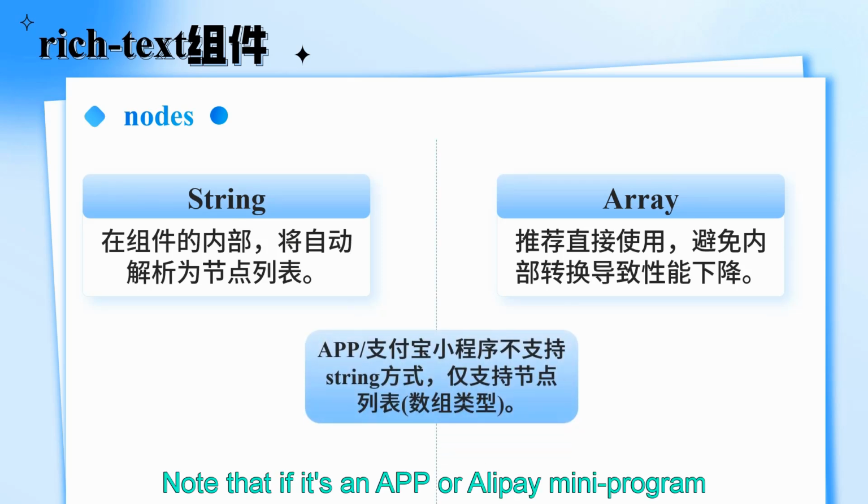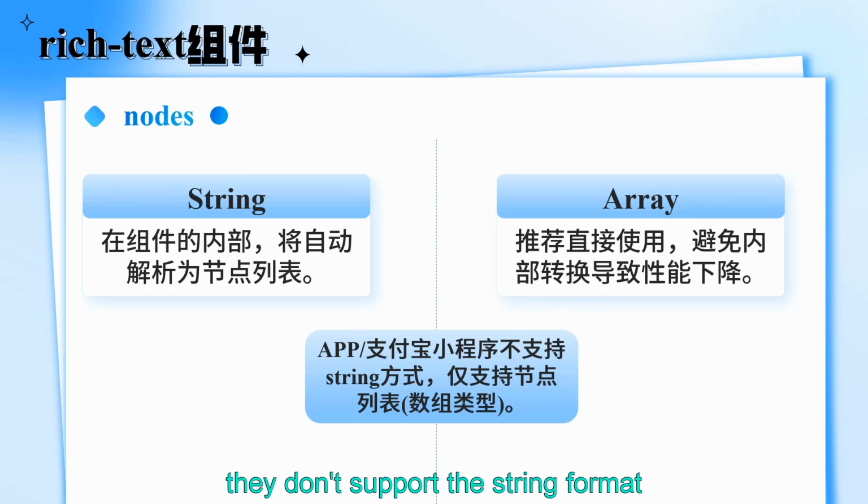Note that if it's an app or Alipay mini program, they don't support the string format. Only node lists are supported, that is, an array type. If you want to use a string, you need to convert it into an array type.